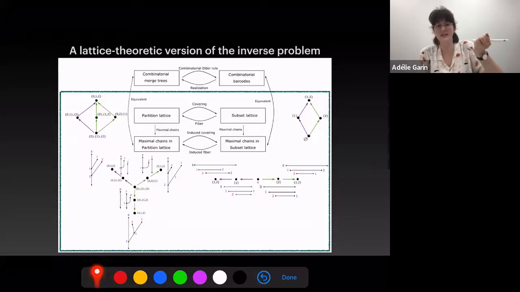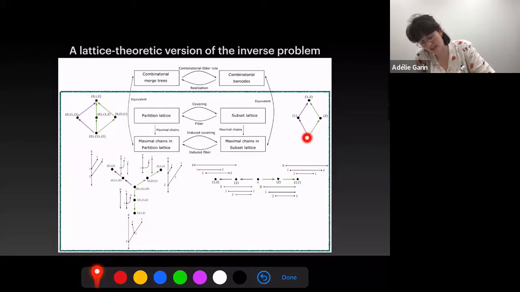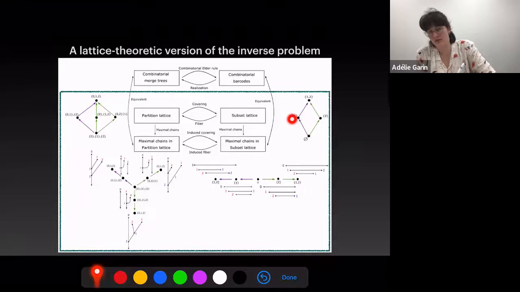And again, a maximal chain in the subset lattice will correspond to a combinatorial barcode, which is just a permutation. So if I start with the empty set, I first take 1. That means that my first branch will stop first, and then the second branch will stop. So I end up with 1 sent to 1 and 2 sent to 2.